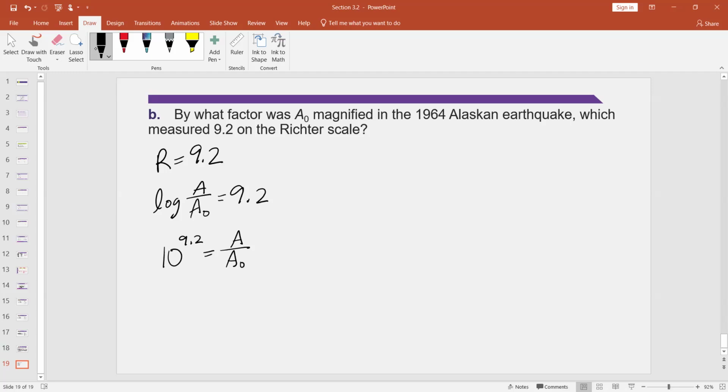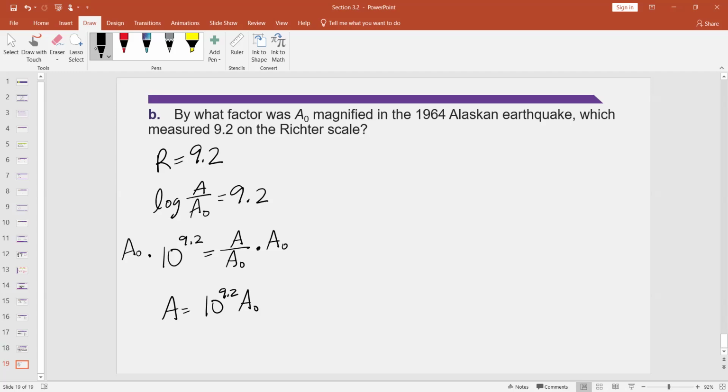So to solve for A, all we do is we multiply both sides times that reference amplitude. And so we get A equals 10 to the power of 9.2 times A0, our sample. So 10 to the power of 9.2 is the increase of that amplitude, which is enormous.